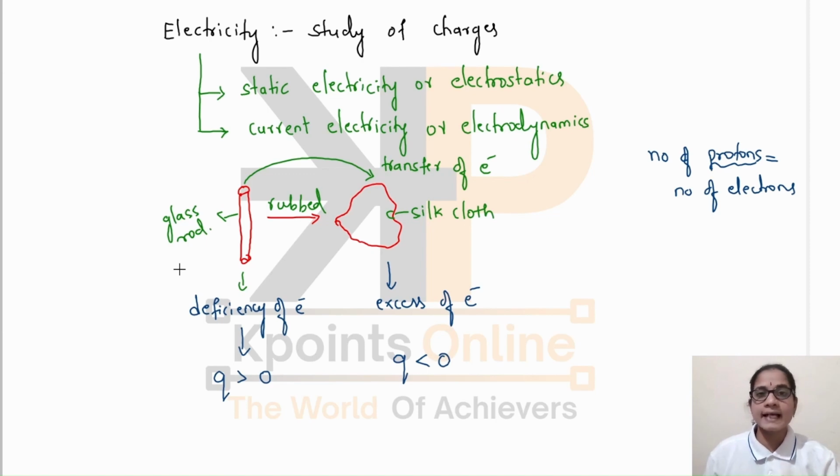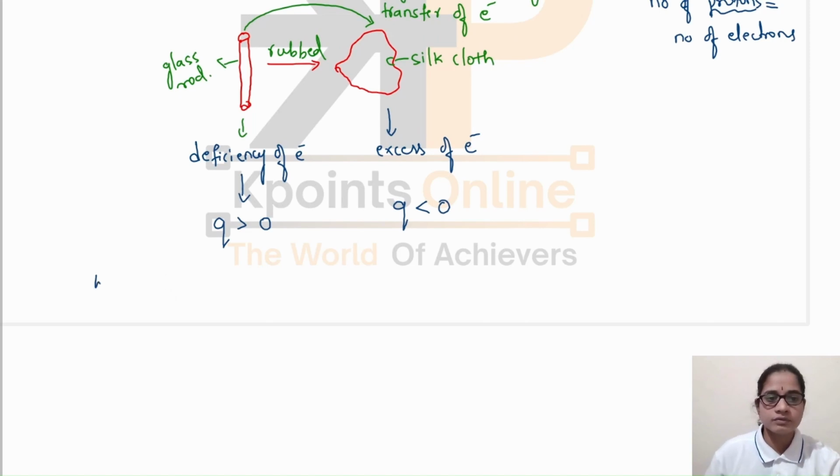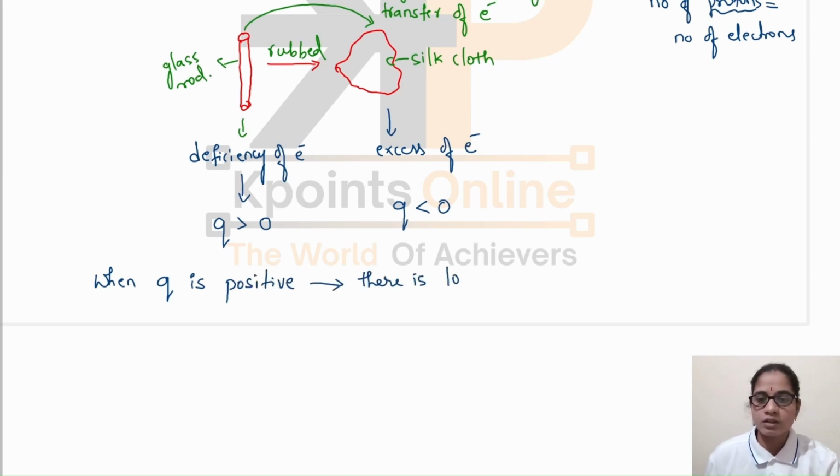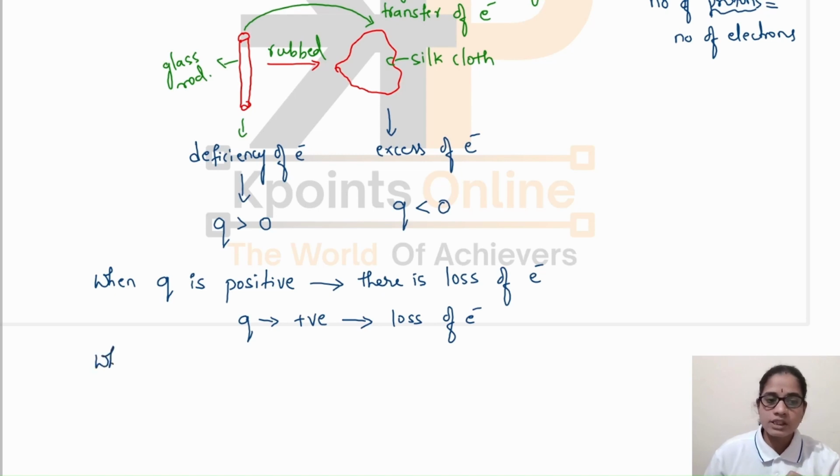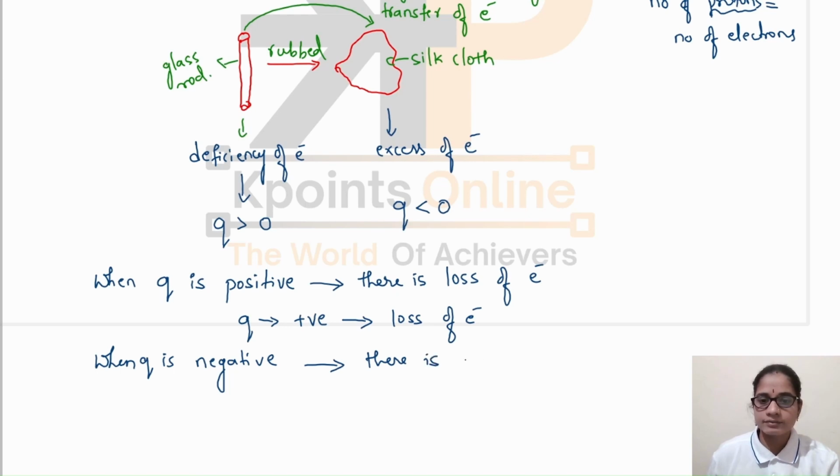So we say that a body is positively charged when there is loss of electrons or deficiency of electrons. So, when Q is positive, then there is loss of electrons. You have to remember this. When Q is negative, there is excess of electrons or there is gain of electrons.